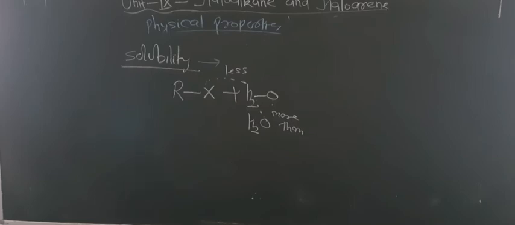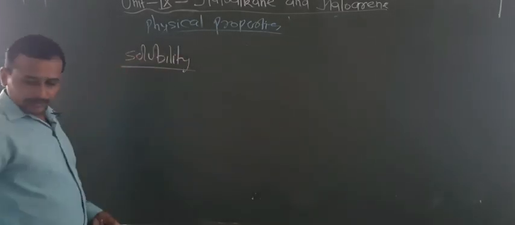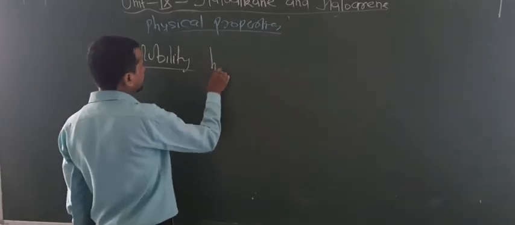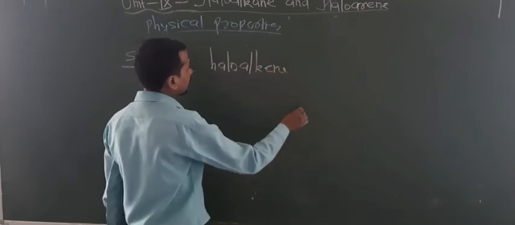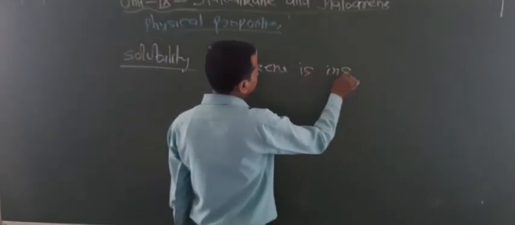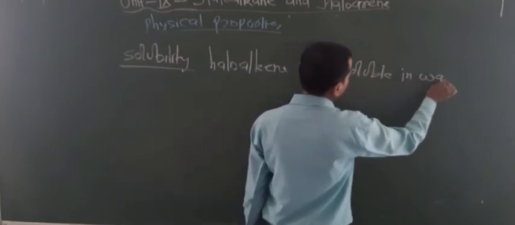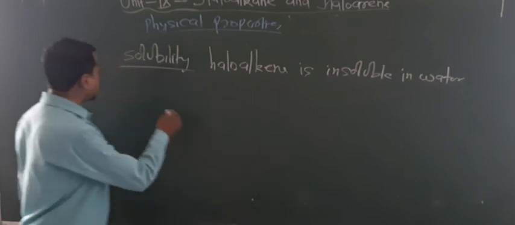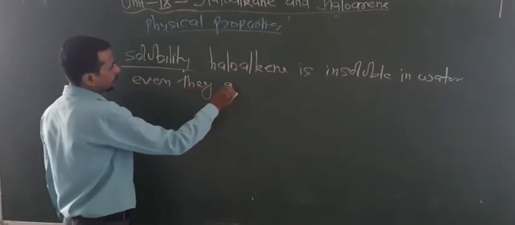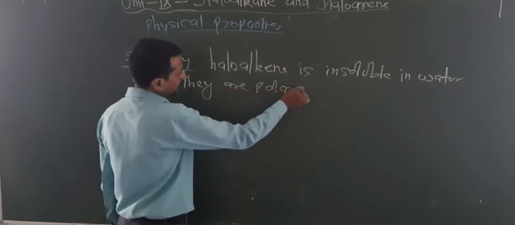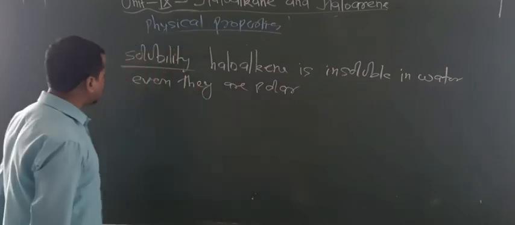You can also say that the solubility of haloalkane is insoluble in water even though they are polar. So one question may arise, haloalkanes are insoluble in water as they are polar.